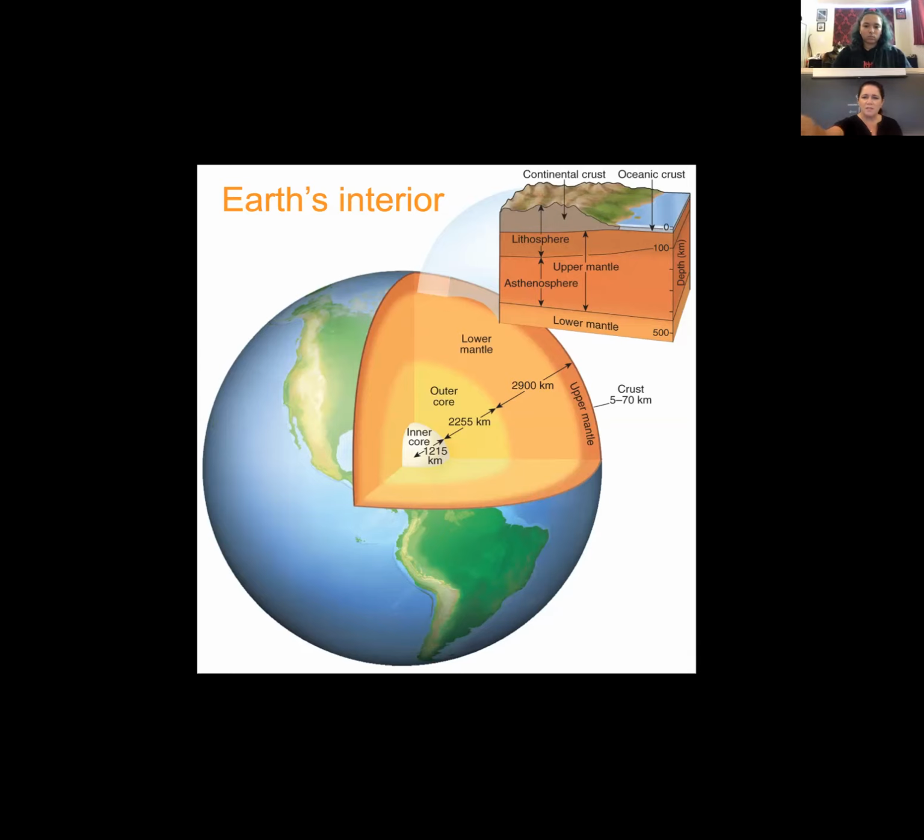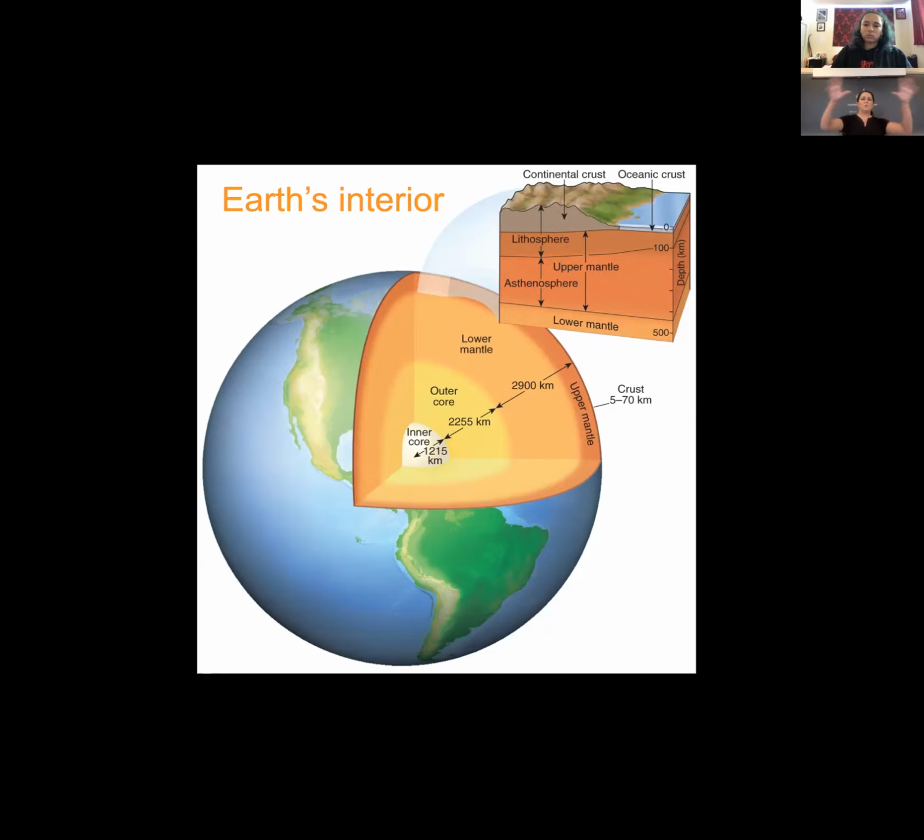This little profile, the cutout box, is probably on this side of your screen, and shows the lithosphere being composed of the continental crust plus a tiny bit of the upper mantle, the oceanic crust, and a tiny bit of the upper mantle. That's because even though the mantle is very hot, the rocks are not hot enough to overcome the pressures to melt. Because pressure increases as we go down inside Earth too, and the pressure suppresses melting to some extent.